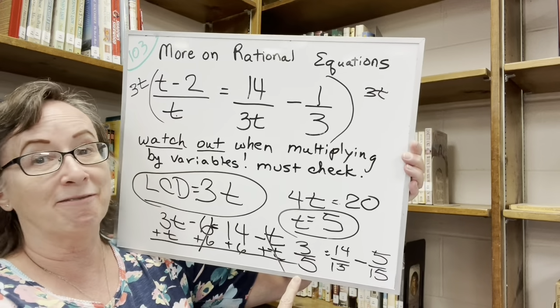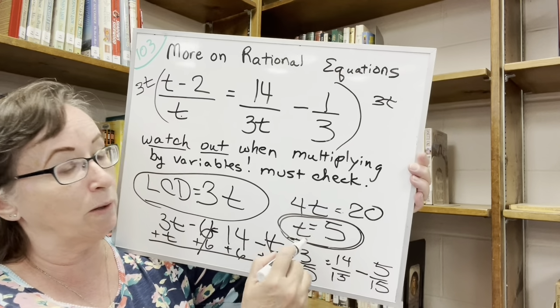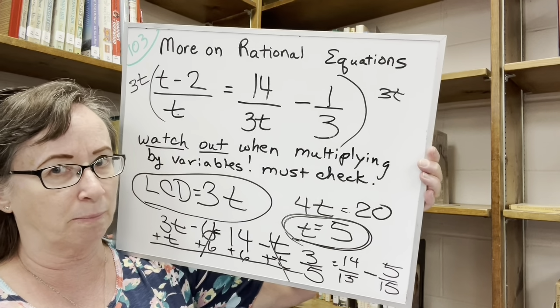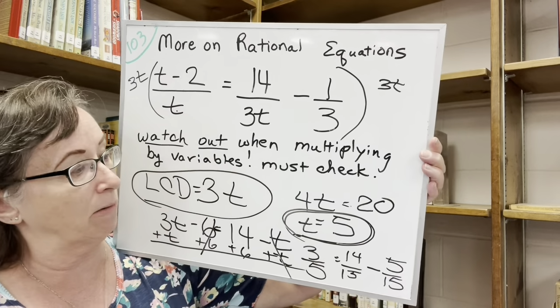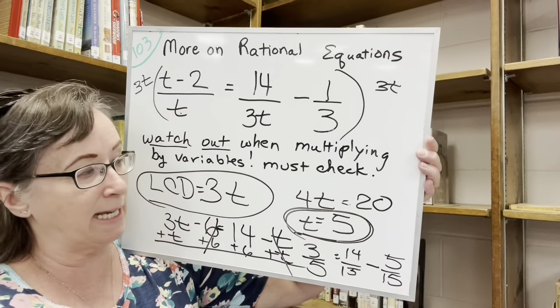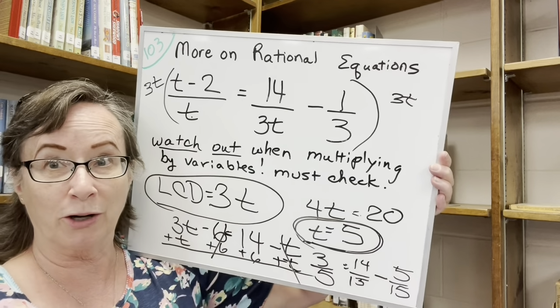Therefore, we have verified our solution is t equals 5. Now this one worked because it turned out that we did not multiply inadvertently by 0. We multiplied by 15, which was 3t, and 15 is a non-zero number. So it worked.